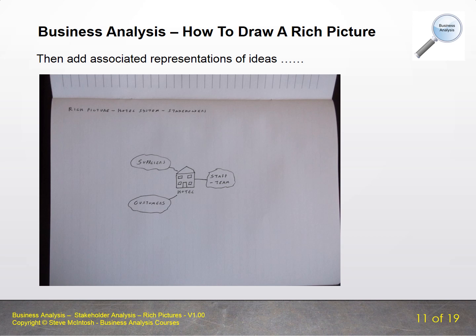Then you work outwards. So imagine in this particular project, initial analysis has shown that there are three main groups of stakeholders. The staff of the hotel, shown here on the right, customers, guests, shown on the left, and suppliers, people who provide goods and services to enable the hotel to operate.